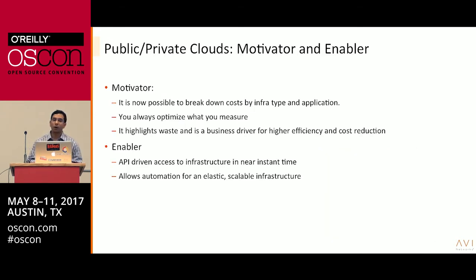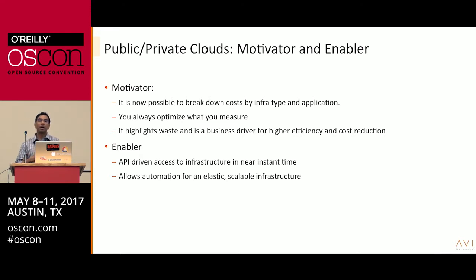So clouds are both a motivator and an enabler for elasticity. It's a motivator because for the first time, probably, we have a breakdown of the costs of infrastructure. We know exactly how much we're spending on compute versus storage versus networking versus other services. We can also put a figure around every application and see how much we're spending for prod versus test dev.